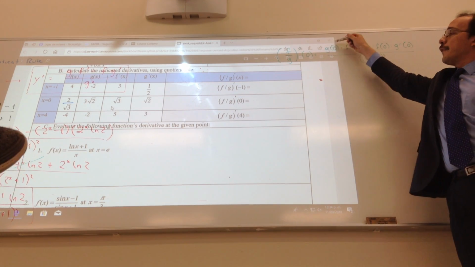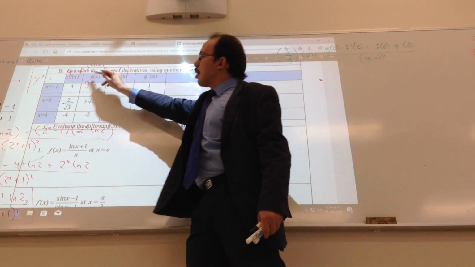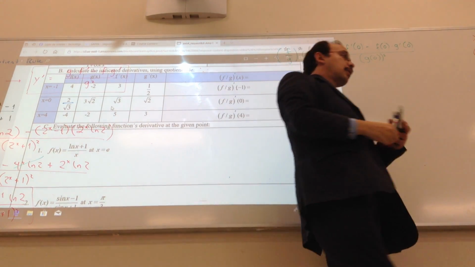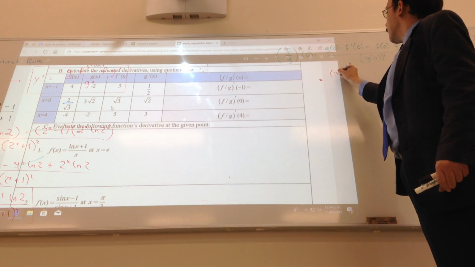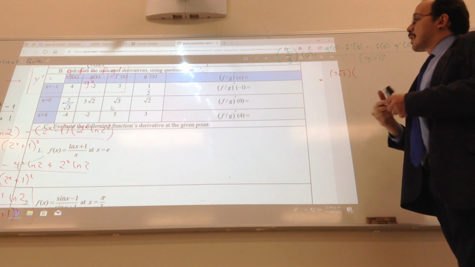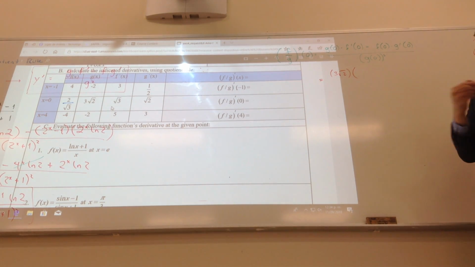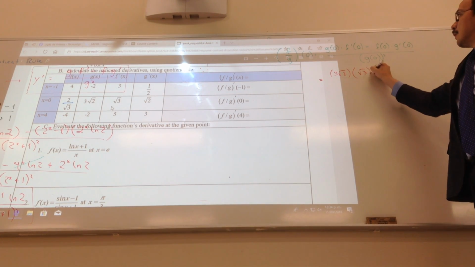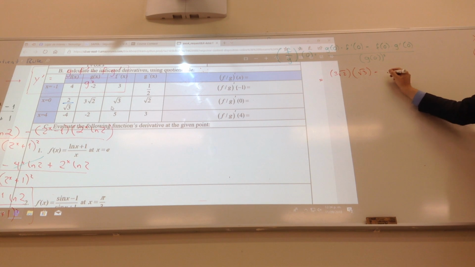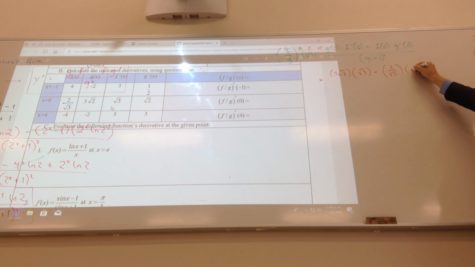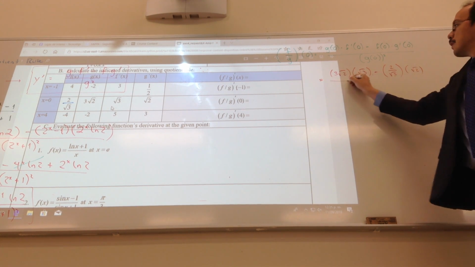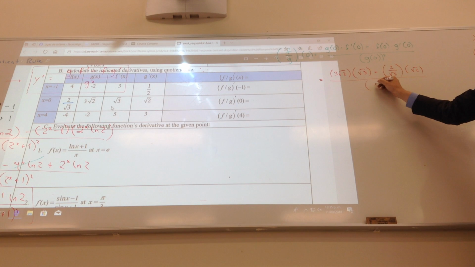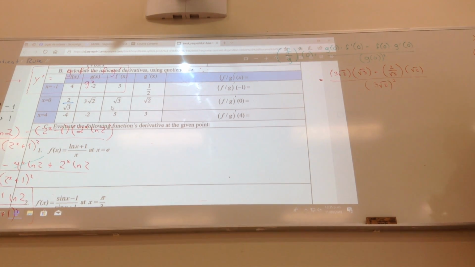So, if I say g of 0, what do I do? g of 0 is what? Times f prime of 0 is what? Minus f of 0, g prime of 0, over g of 0 to the square, okay?